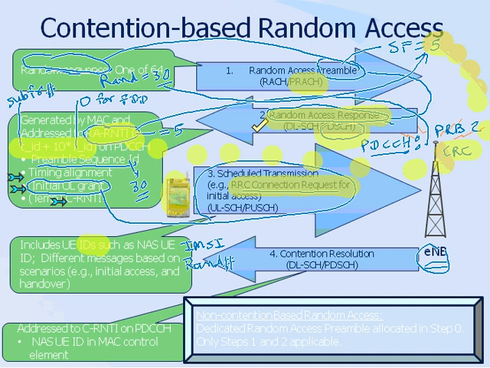So non-access stratum, this is an example of a non-access stratum ID. It's basically the original ID of the UE called IMSI. In the past, if we have contacted the network, it would have given us the so-called S-TMSI, temporary mobile subscriber ID. So these are some examples of that.